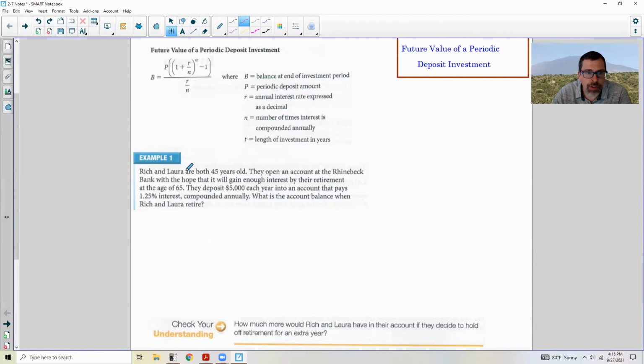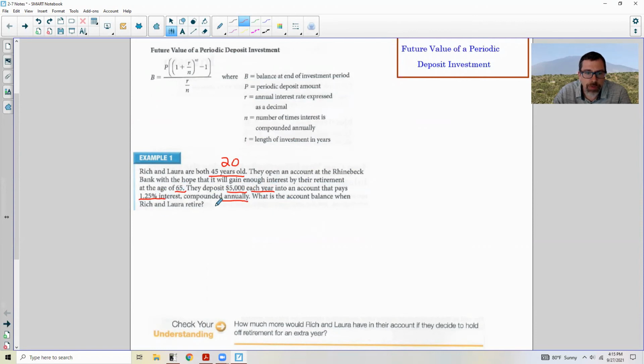So example 1 says Rich and Laura are both 45 years old. They open an account at Rhinebeck Bank with the hope that it will gain enough interest by their retirement at age 65. So right there, they're going to have this for 20 years. They deposit $5,000 each year. So it's annual, so it's going to be periodic, a period of 1 year, into the account that pays 0.0125 annually.